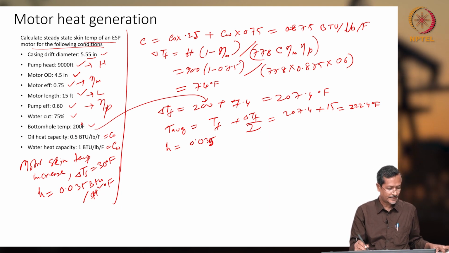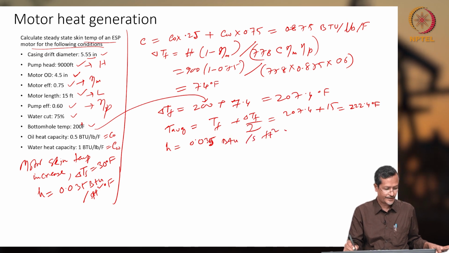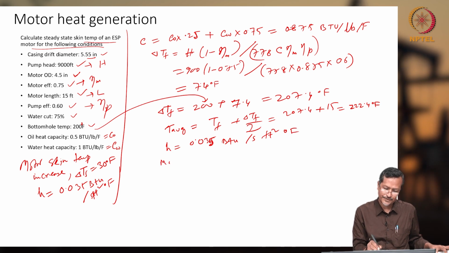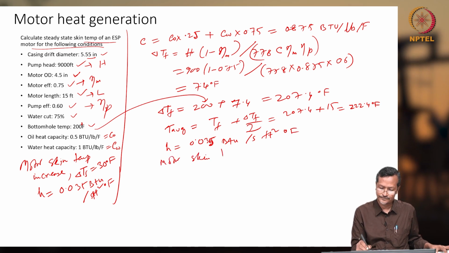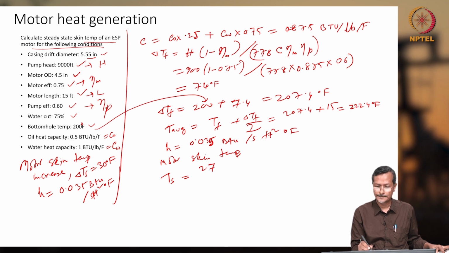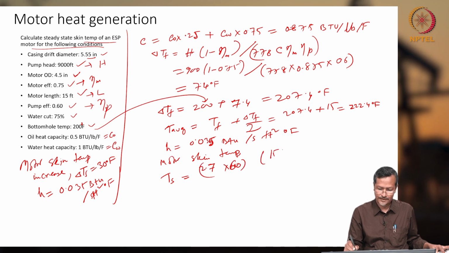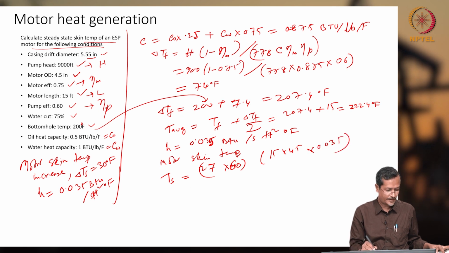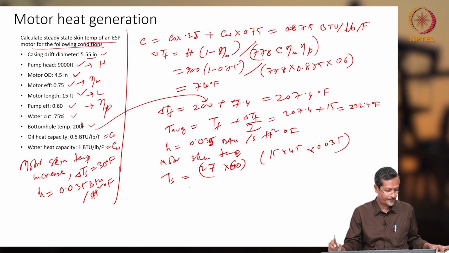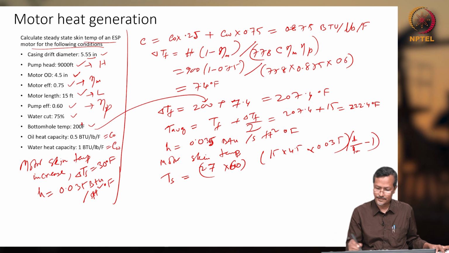So, BTU per second square foot degree Fahrenheit. Motor skin temperature T S equals 2.7 into 60, 15 into 4.5 into 0.035, divided by (1 by eta m minus 1).